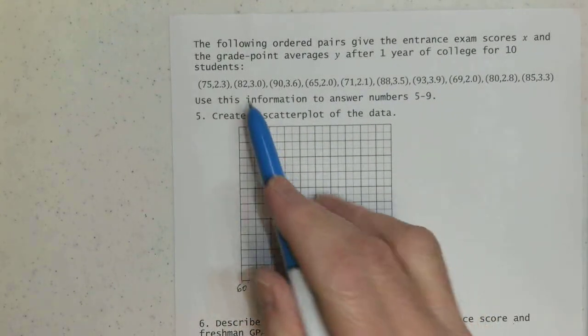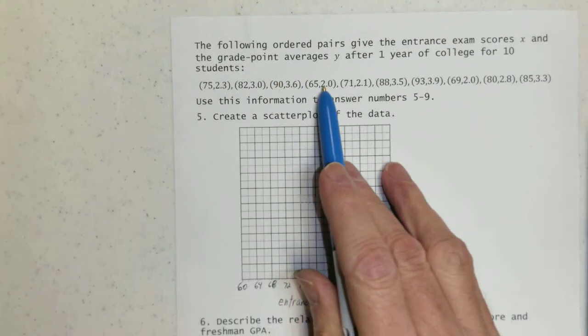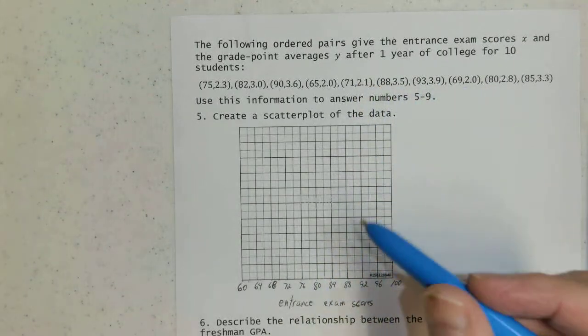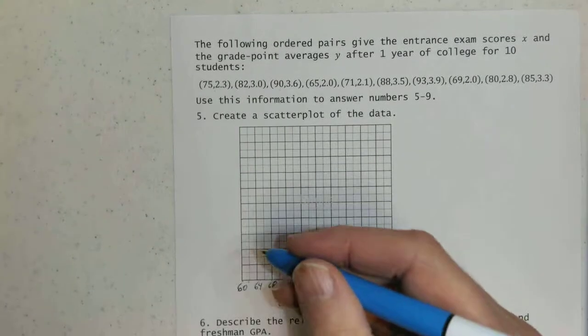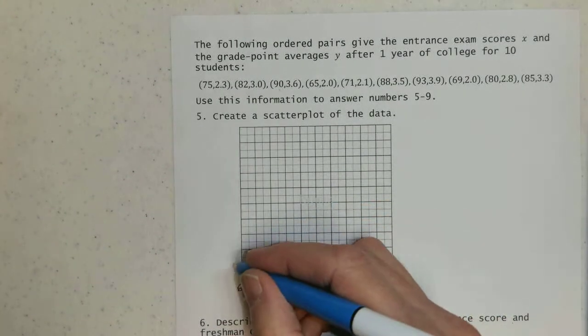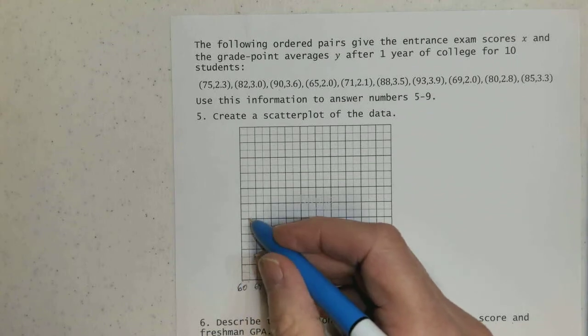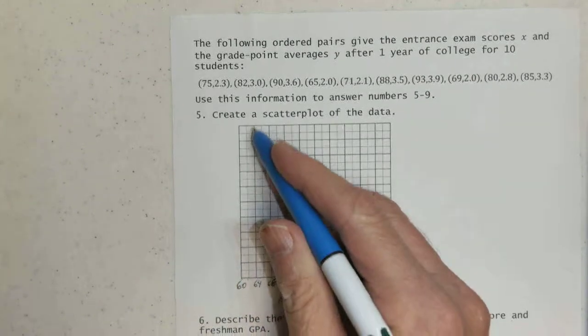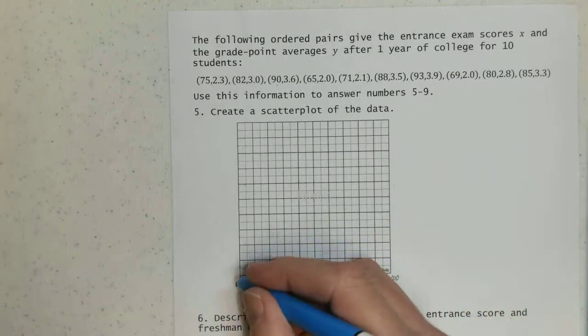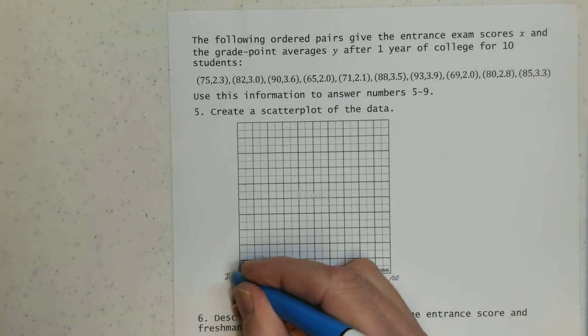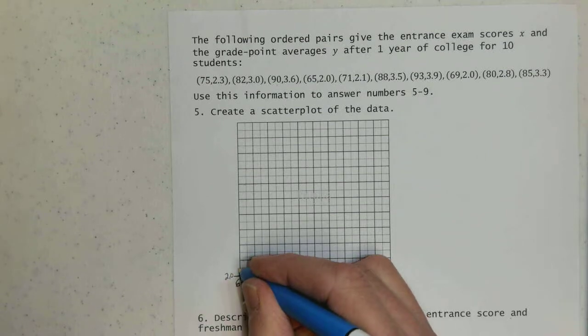Okay, now grade point averages. 2, 3.9. We can go 2.0, and then 2.2.